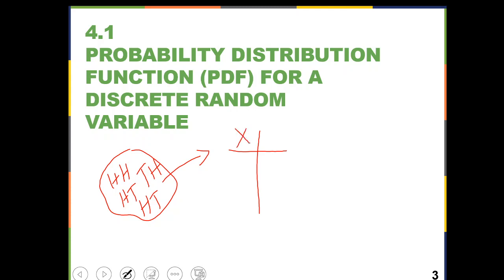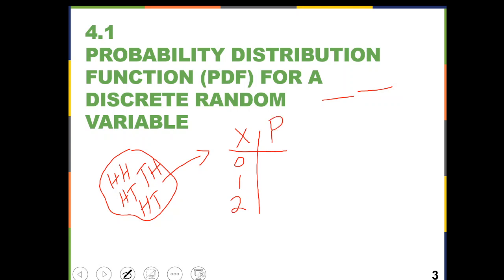We call it a random variable, and the random variable has a numerical value. So we can define it to be, let's say, the number of heads that we can get. What are the numbers of heads that we can get? Well, it could be 0 heads when you do it twice, no heads, or you can get 1 head, or you can get 2 heads.